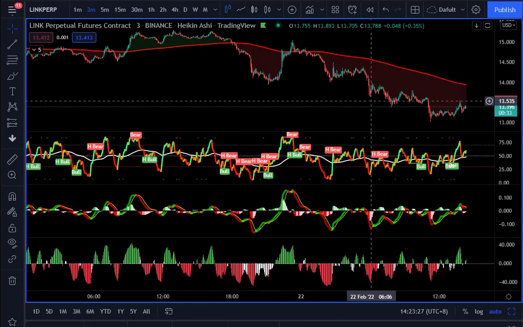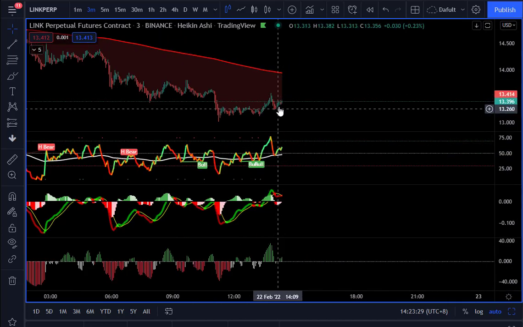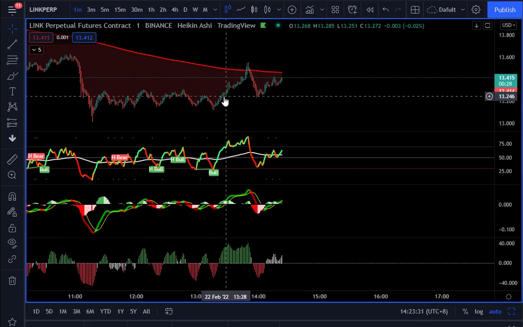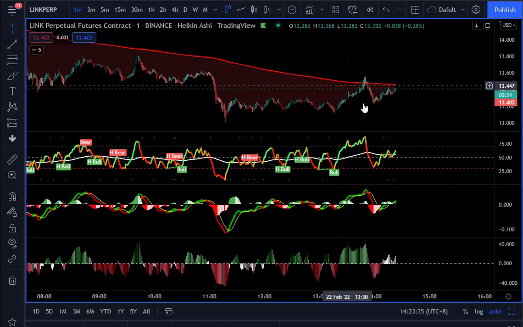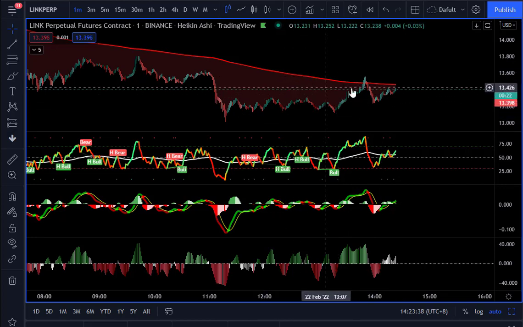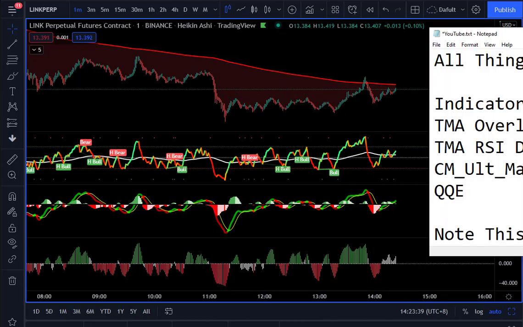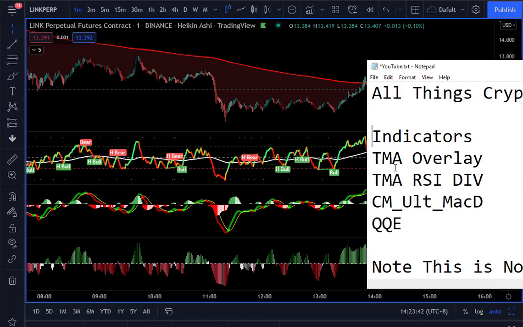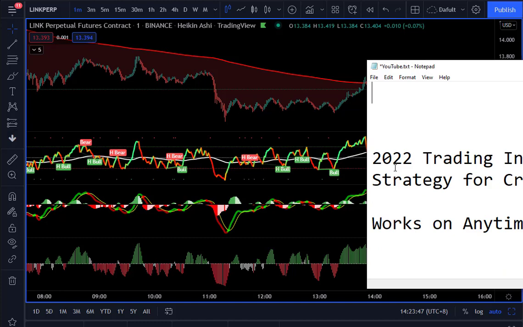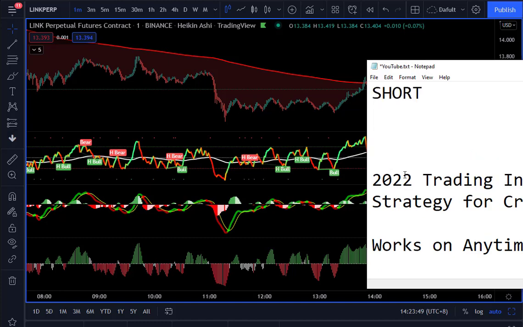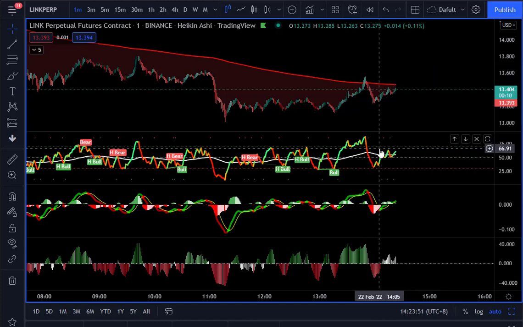Right now, for example, at this moment as I'm recording this video, it is currently red, so I'm looking for a short position. When you're looking for a short position, let me just put it here, you want to look for anything above 70.